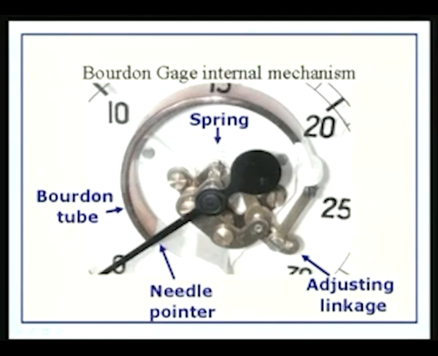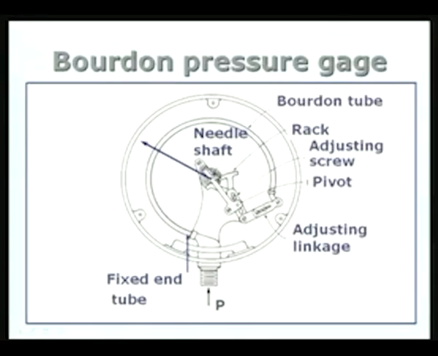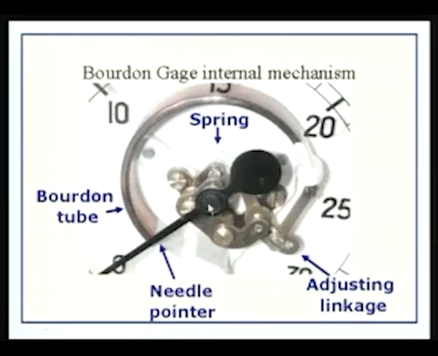The spring is the restraining element, and the pointer is going to take a position which will correspond to a certain angle along this scale, and the angular position can be calibrated with respect to delta p.